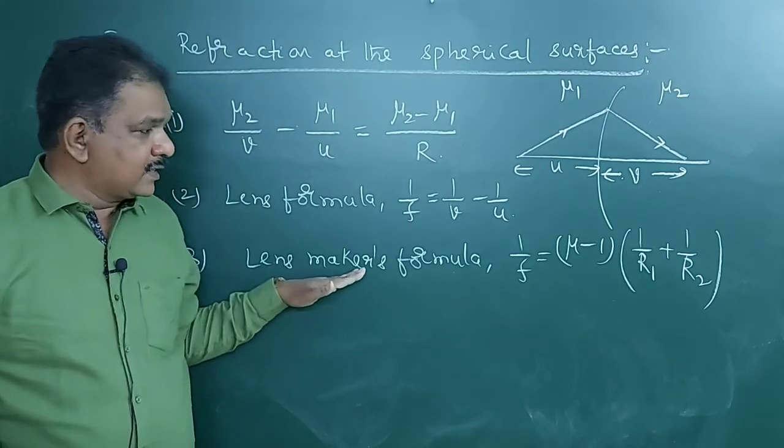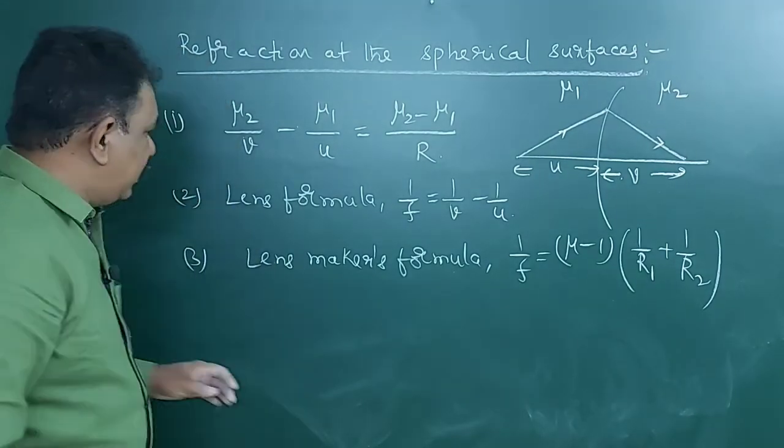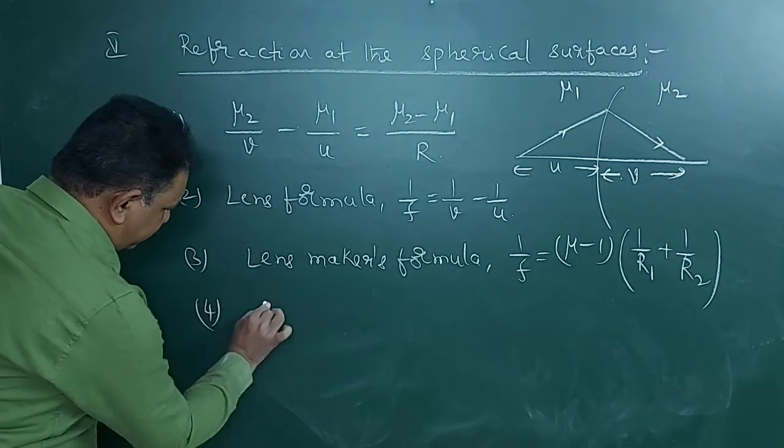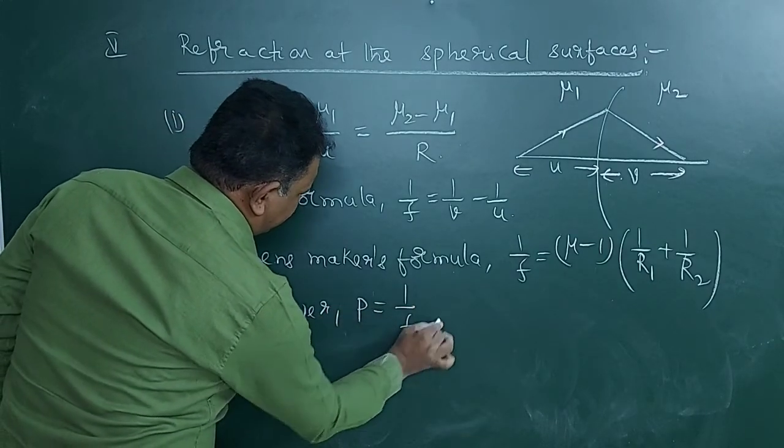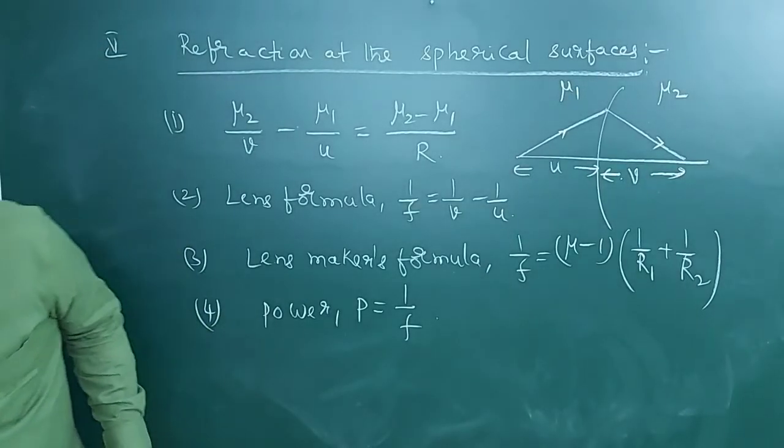That will be lens maker's formula. Next, here power will come. Power P is equal to 1 by f.